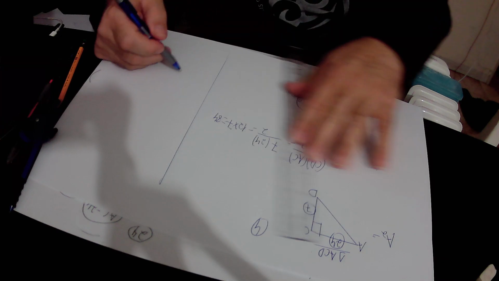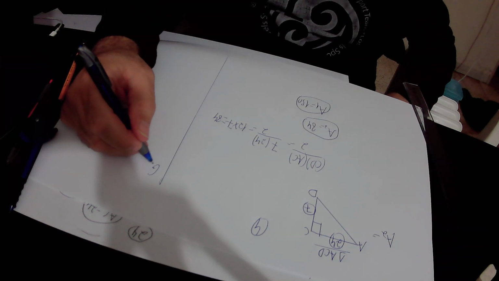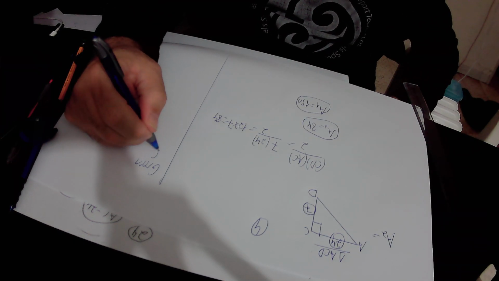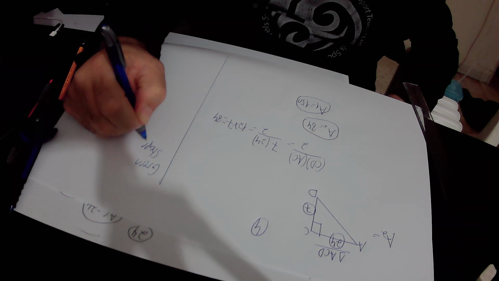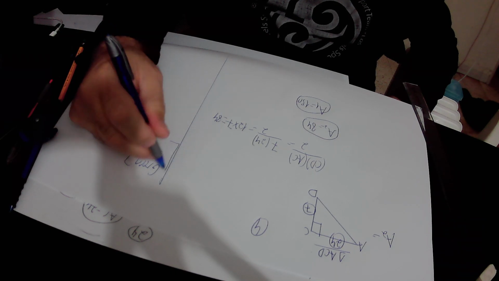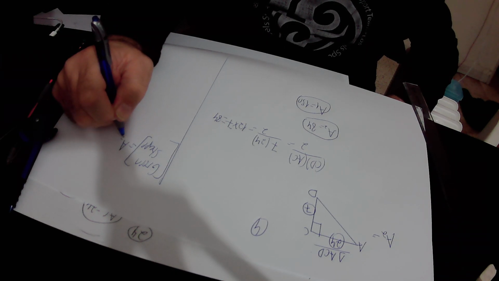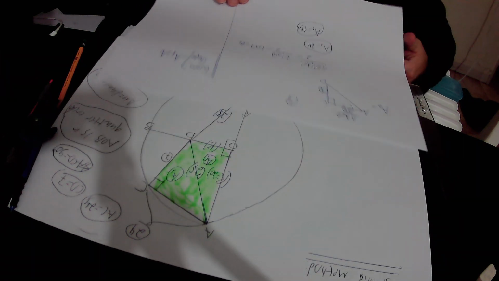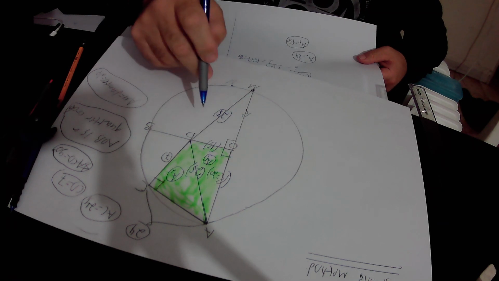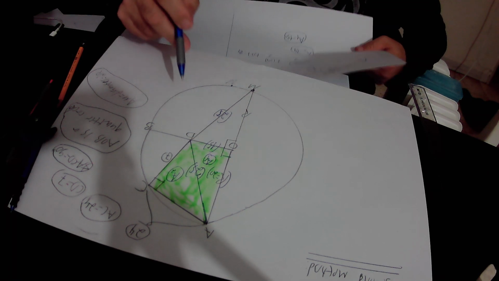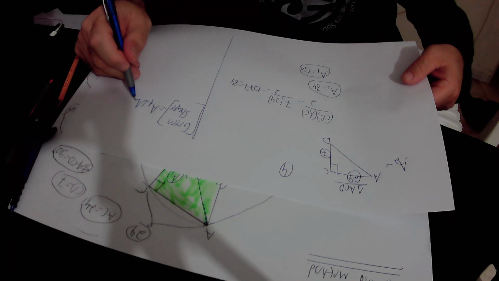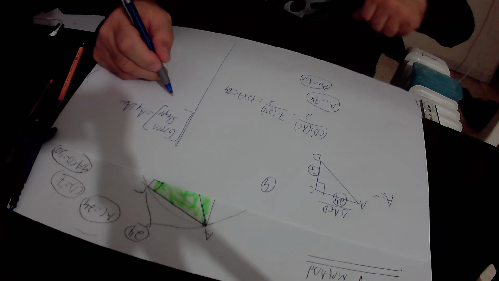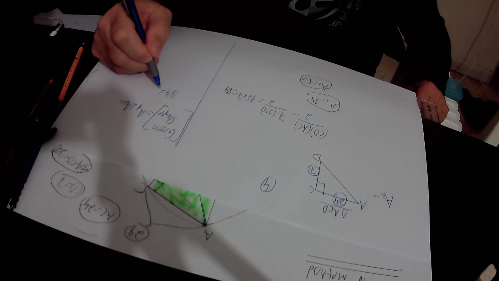We know that the area of the green shape in total equals A1 plus A2. Again, the green shape equals A1 plus A2.